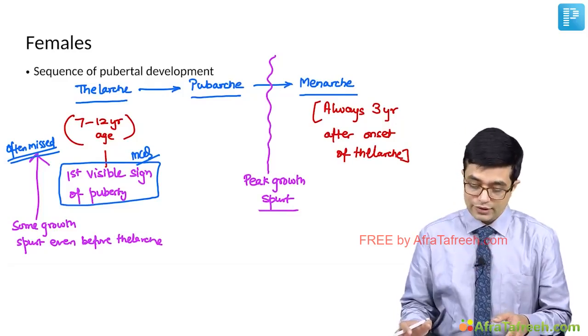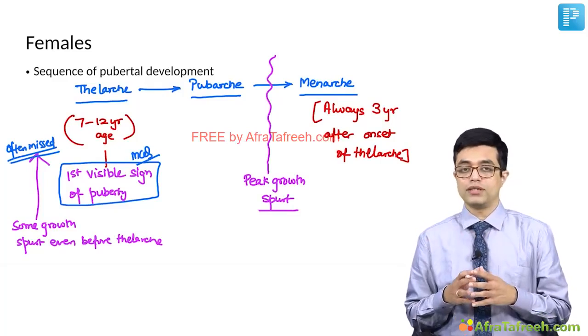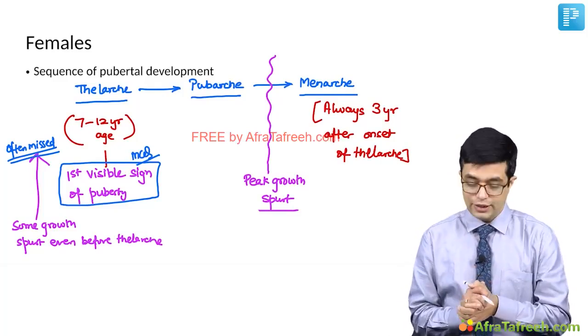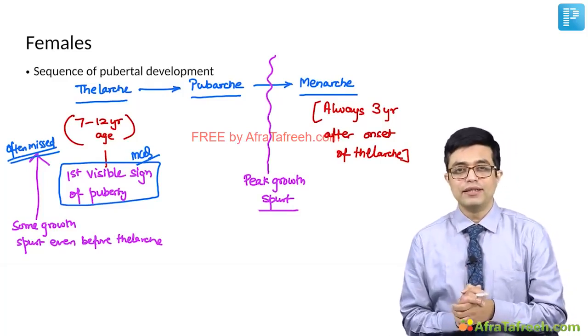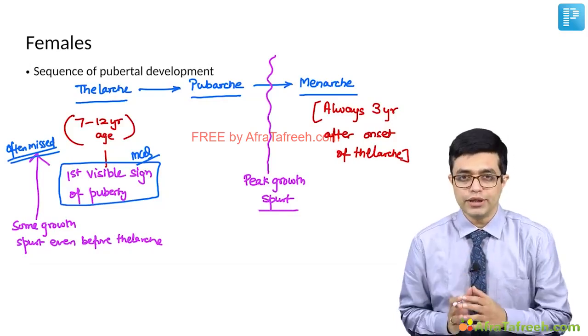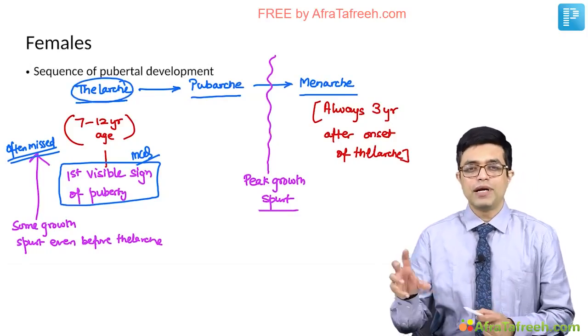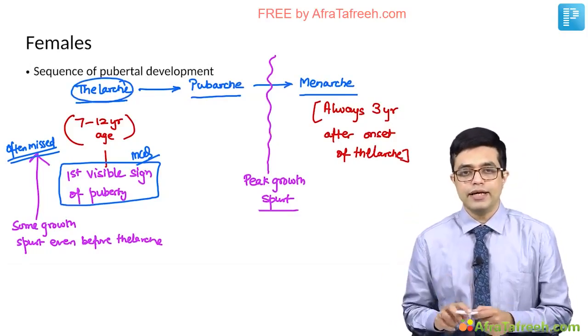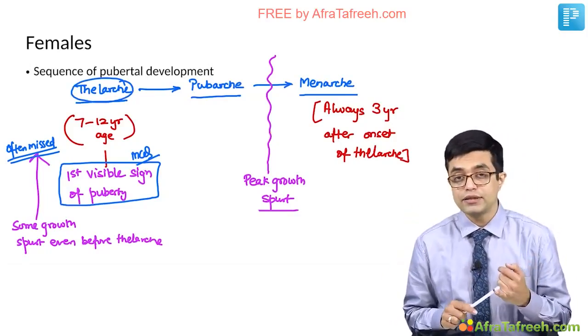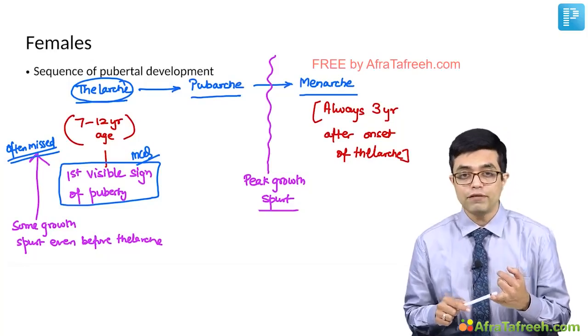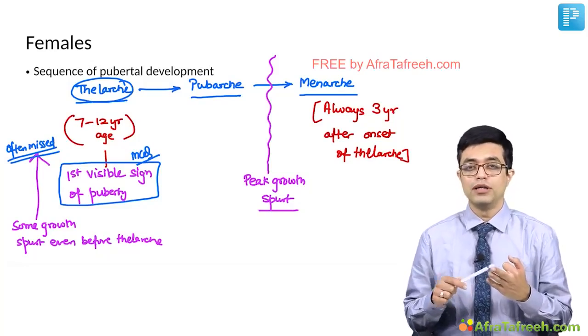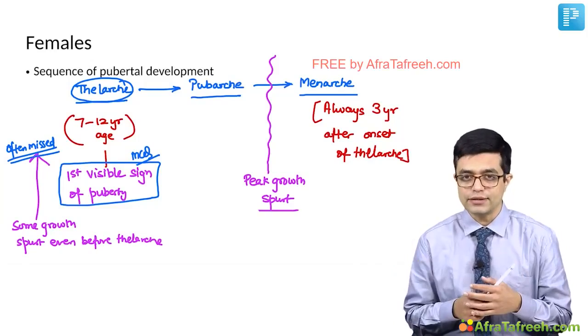Now another important thing that you need to understand, and Nelson has talked about it. It is generally seen that the onset of puberty or the onset of thelarche is dependent upon many factors. It is dependent upon genetic factors, environmental factors, and the weight and nutrition status.